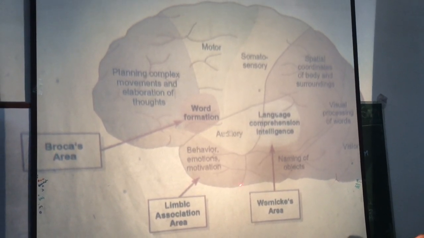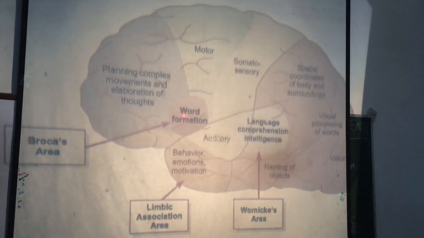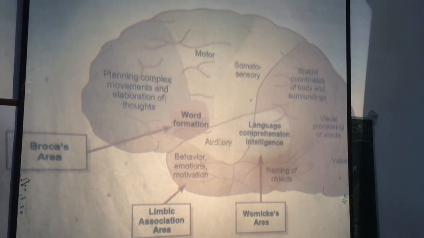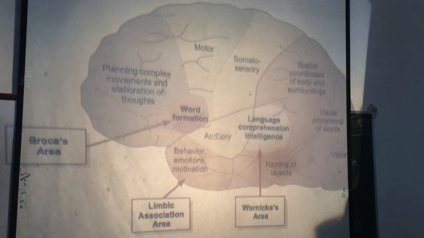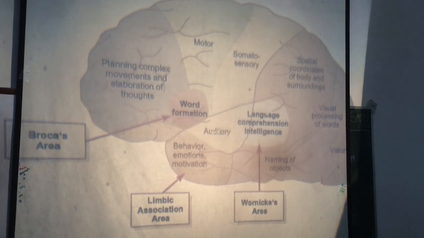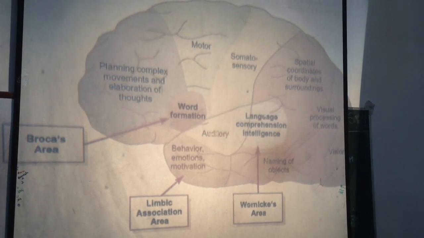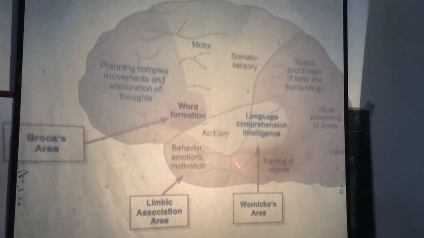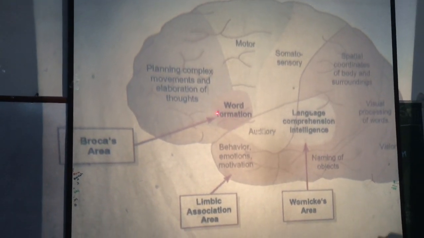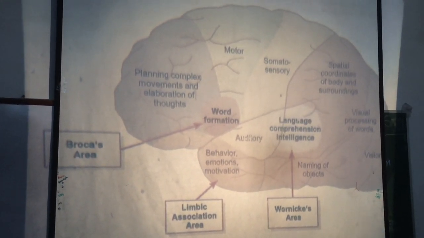Then impulses from Wernicke's area go along the arcuate fasciculus to Broca's area. So this was about Wernicke's area, or sensory speech area.